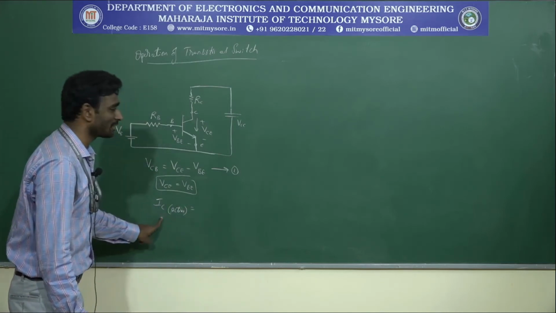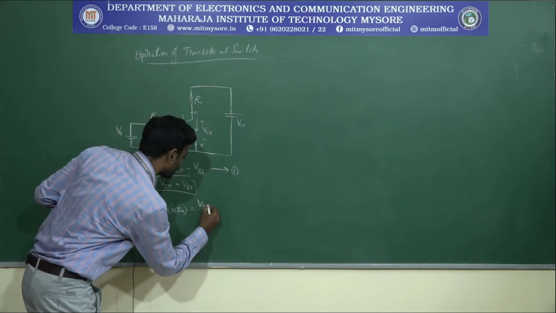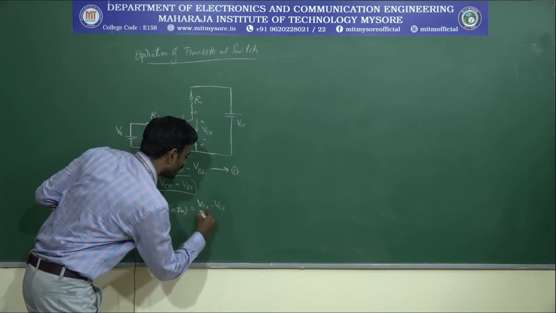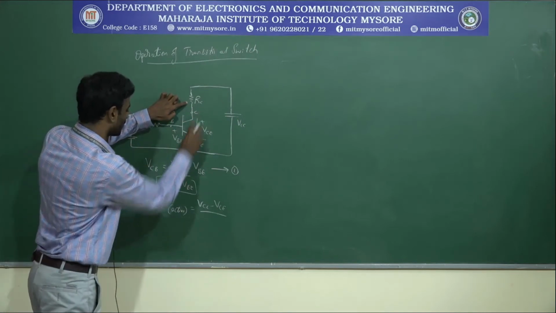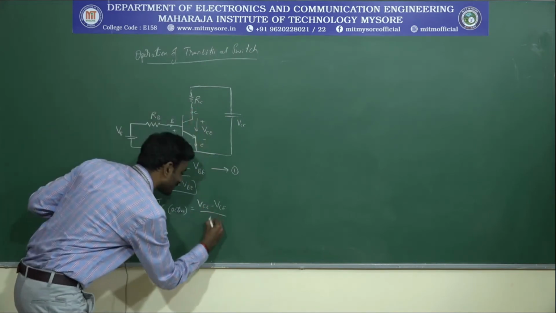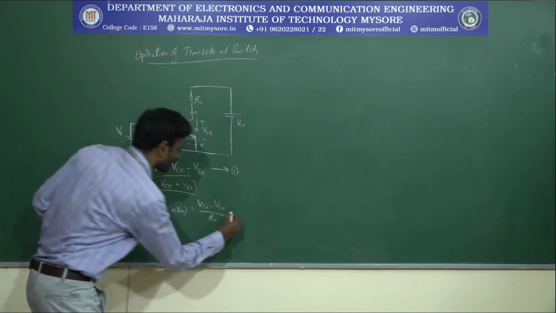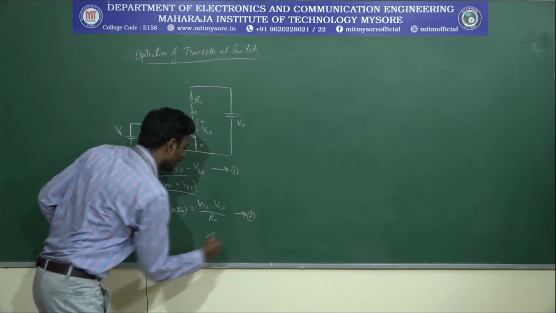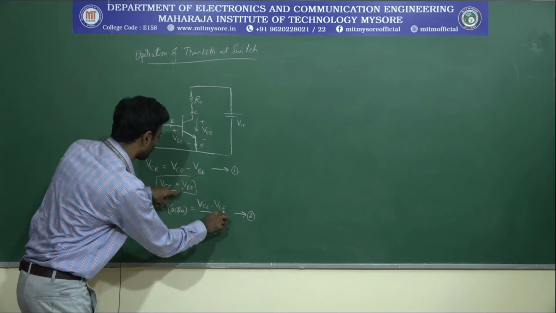When you consider the active region, IC active will be equal to VCC minus VCE divided by whatever the resistance will be. In this case, if you consider the IC, the resistance will be considered as RC. This will be the equation. I will consider it as equation 2, where this equation can also be written as VCC minus VCE will be equal to VBE.